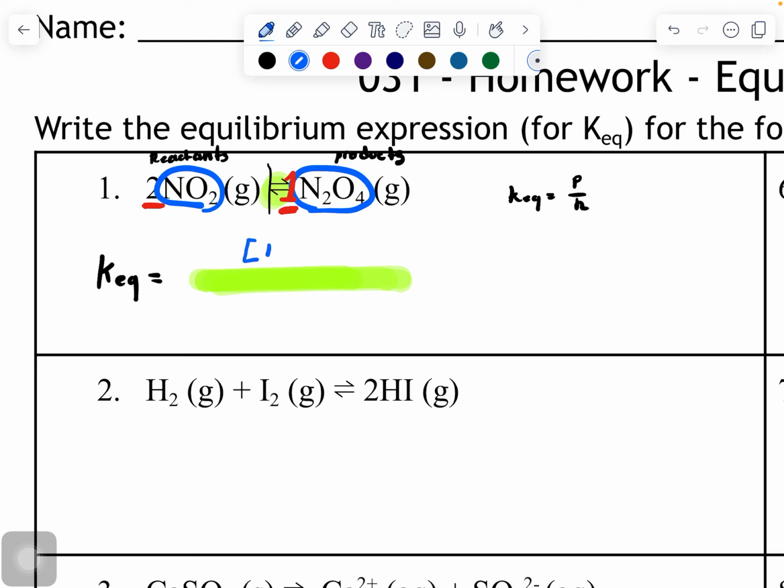So the concentration of N2O4 to the power of 1. We usually don't write the power of 1, so it's totally fine if you don't write it down, just for powers of 1. And then reactants on the bottom, the concentration of NO2 to the power of 2.